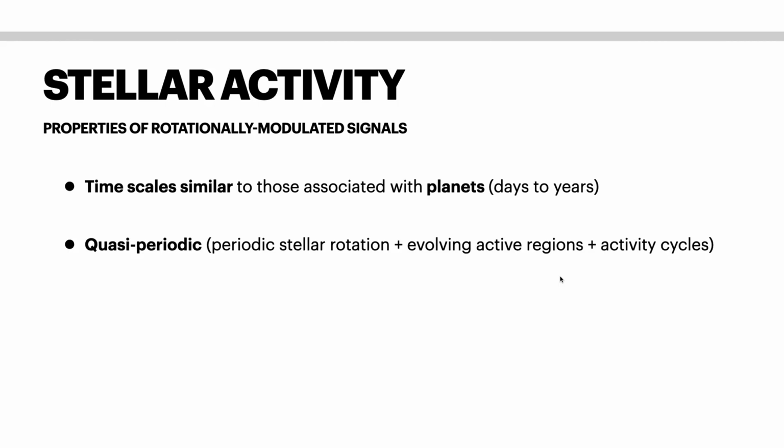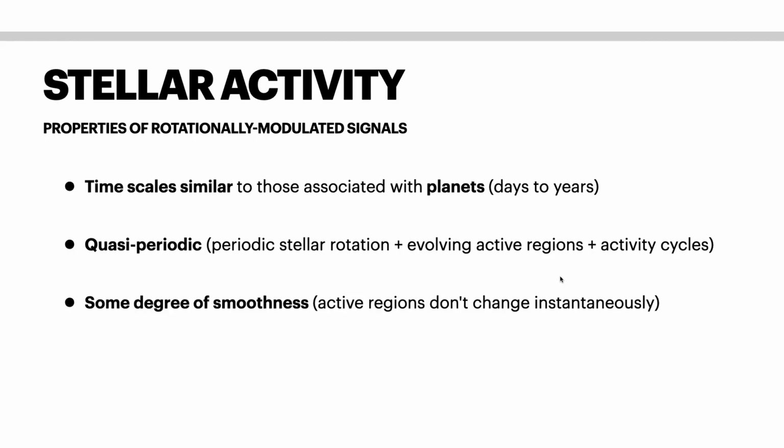We also know that their signals should be sort of periodic. They might be truly periodic if the active regions never changed. But as we saw in the movie, active regions appear, evolve, decay, so their overall signals will vary over time. There'll still be some underlying periodicity, but the shapes of the signals will change over time.